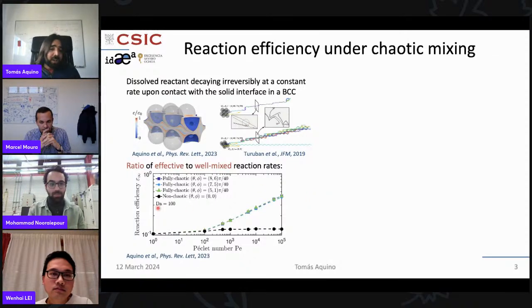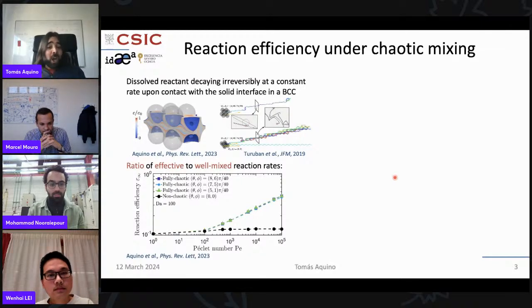On the other hand, for this kind of high or fast reaction rate, high Damköhler, you do get these regions near the grain where you deplete substantially, and this leads to incomplete mixing effects, which decrease the reaction efficiency, so the reaction compared to well-mixed conditions.